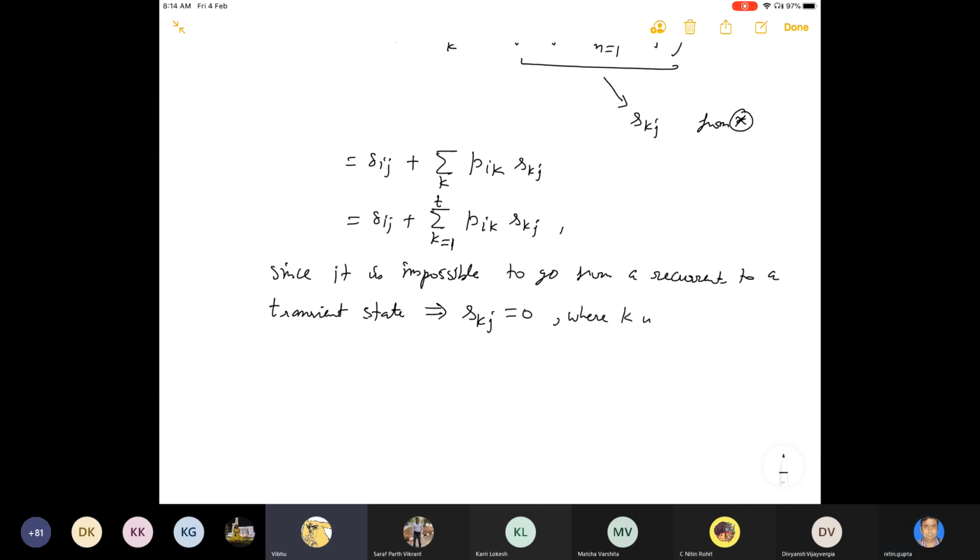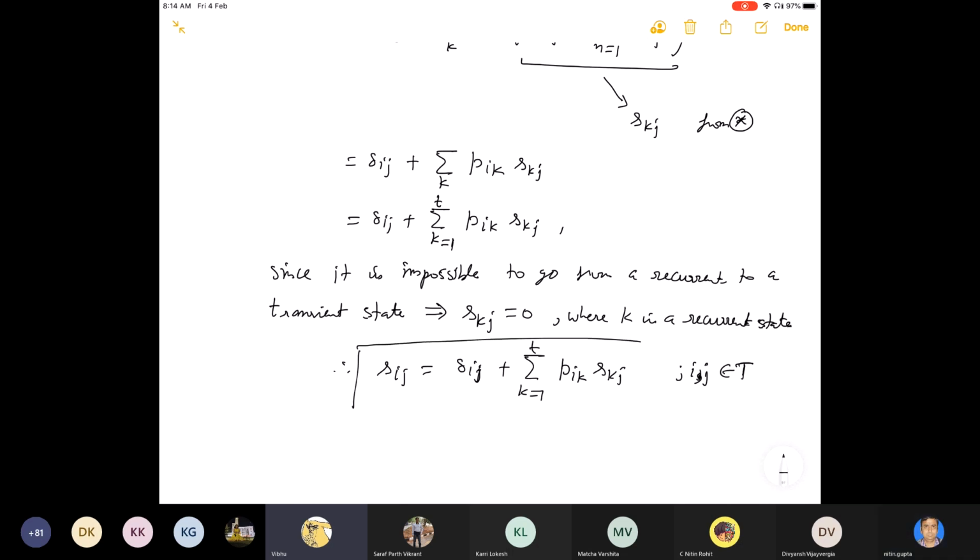So that is the relationship we get, that therefore Sij is equal to delta ij plus summation k is from 1 to t pik skj, where i and j belong to the set of transient states.